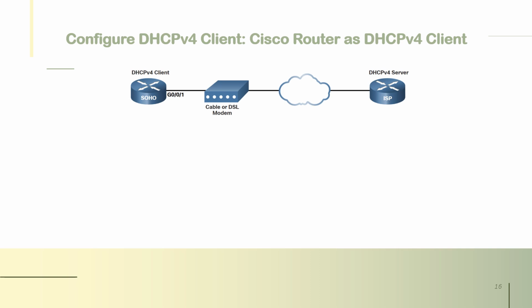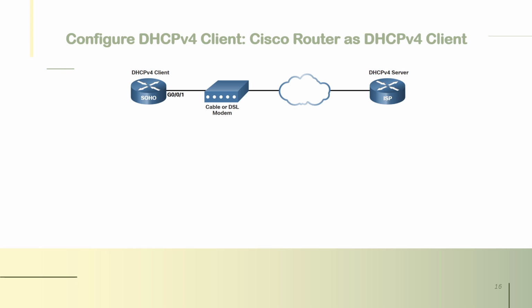Here we have this figure, and we will assume that the internet service provider has been configured to provide select customers with IP addresses from the 209.165.201.0/27 network range for the interface Gig 0/0.